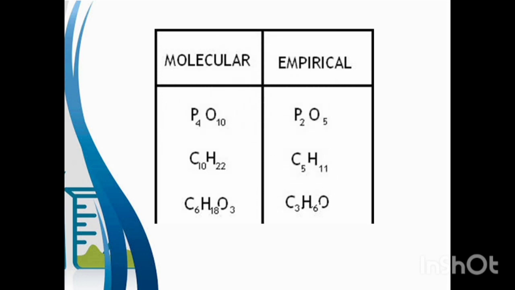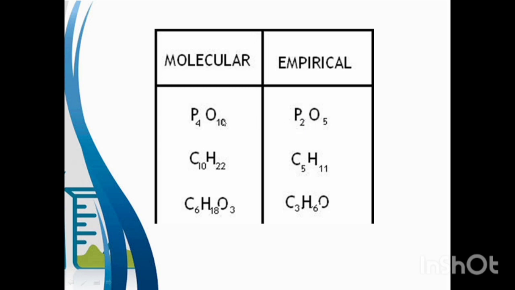So this is the most reduced and simplest form of the empirical formula. Another example of empirical formula versus molecular formula: tetraphosphorus decoxide. Why is it tetra? Because it has 4 phosphorus and 10 oxygen. So the molecular formula P4O10 has the empirical formula P2O5.